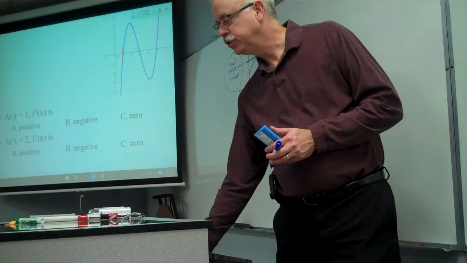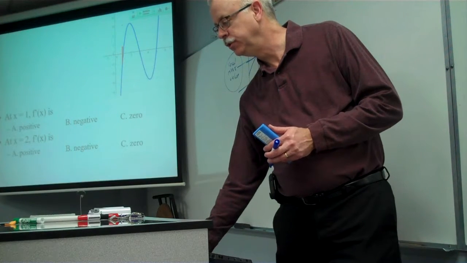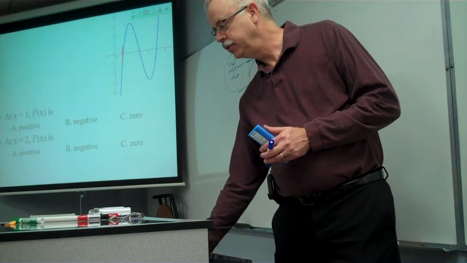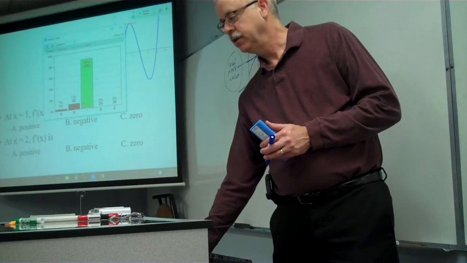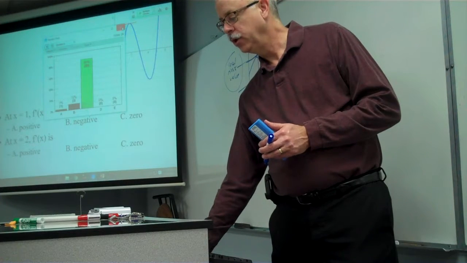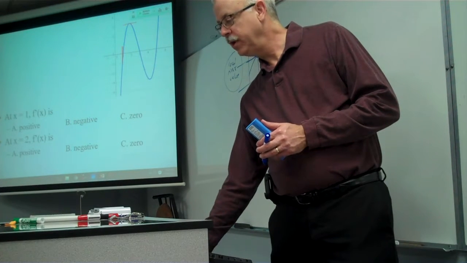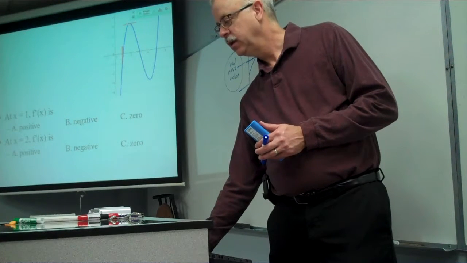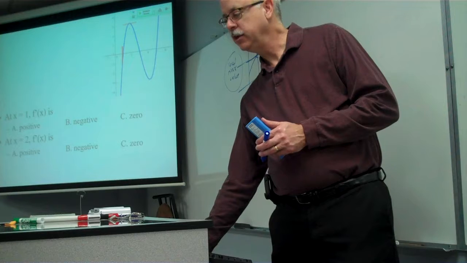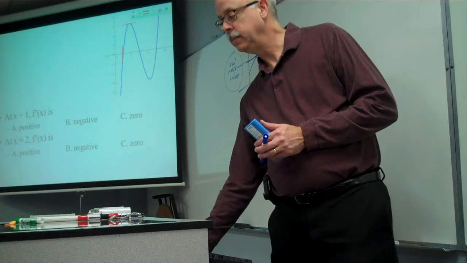And so at x equals 2, or at least fairly close to 2, it appears we have a horizontal tangent line. And so I'd say the slope is 0. Those that said negative may have been over here, in which case, yes, negative is correct. Because the peak wasn't exactly at 2, but it's pretty close to at 2.